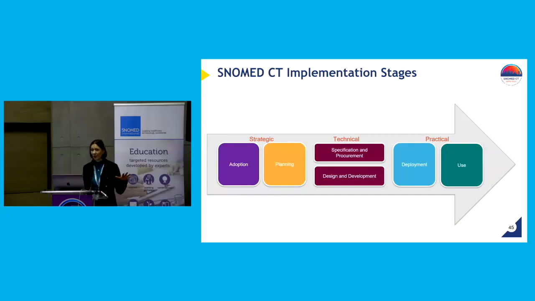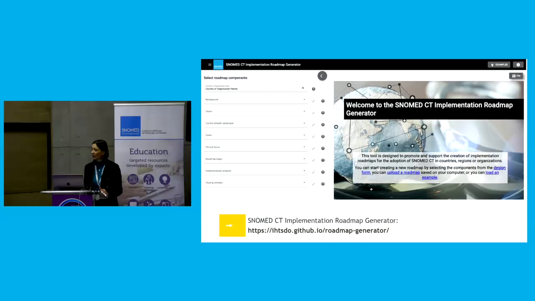And I think the main thing that I want to go through from this is that there are resources and tools out there that can support you in these implementation stages that are really useful to use. So one of the key things, certainly from a strategy point of view, whether you're an organization or a region or even a local organization, is something that we call the SNOMED CT implementation roadmap generator.